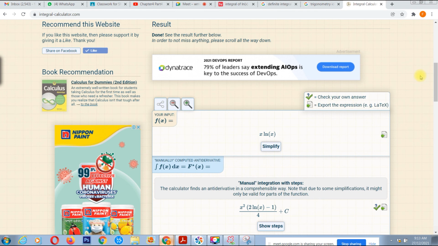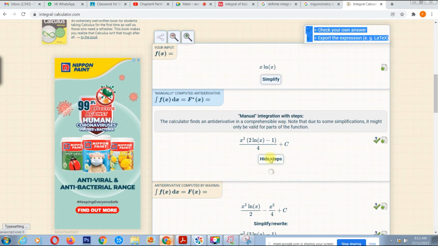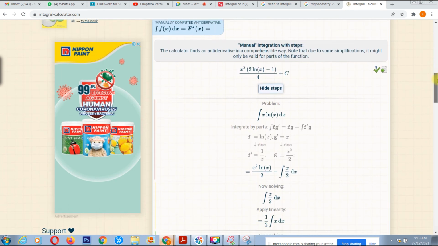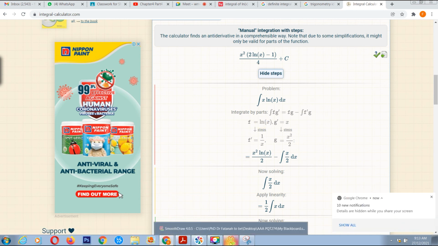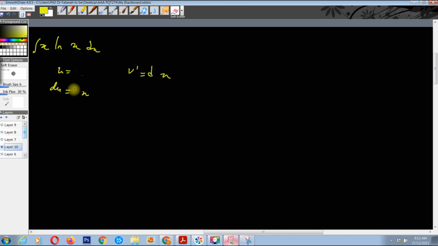So we want to identify what is u. u equals to ln x. So maybe we get a long step.